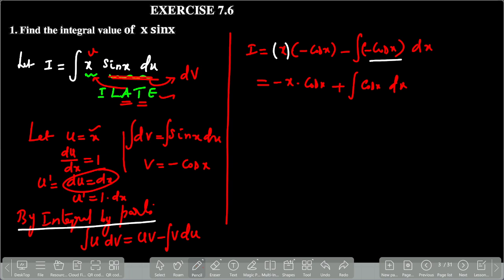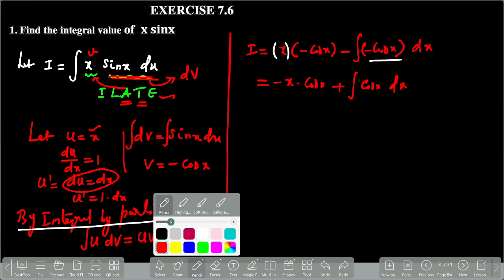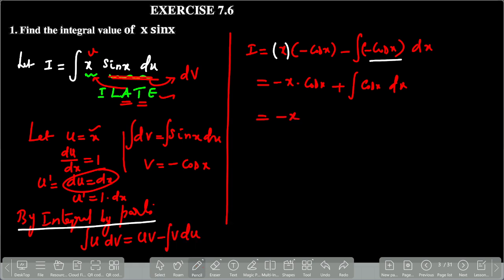Now as usual, apply the formula: minus x into cos x plus integral of cos x, that is sin x plus c. This is the required integration. Any doubt, students? Can I go to the next question?